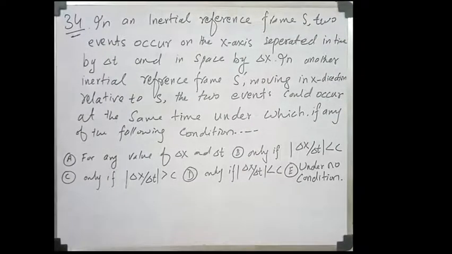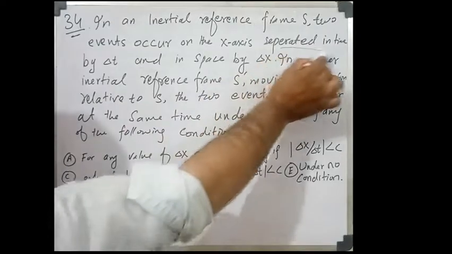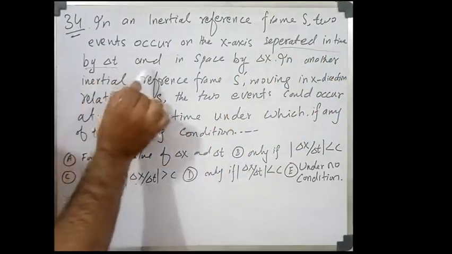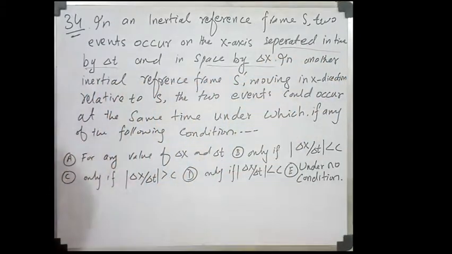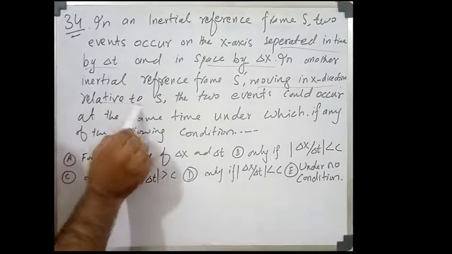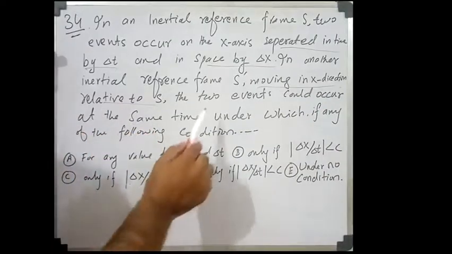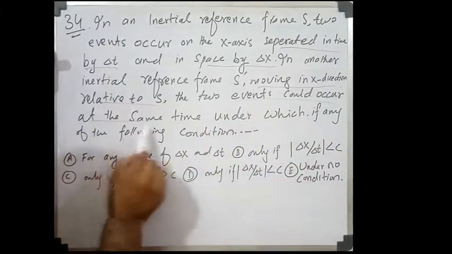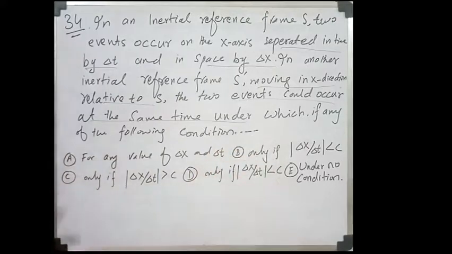In an inertial reference frame S, two events occur on the x-axis separated in time by delta t and in space by delta x. In another inertial reference frame S prime moving in x direction relative to S, the two events could occur at the same time under which of the following conditions?